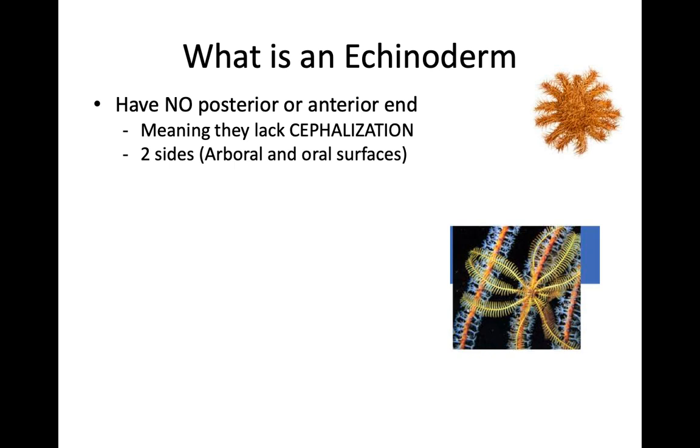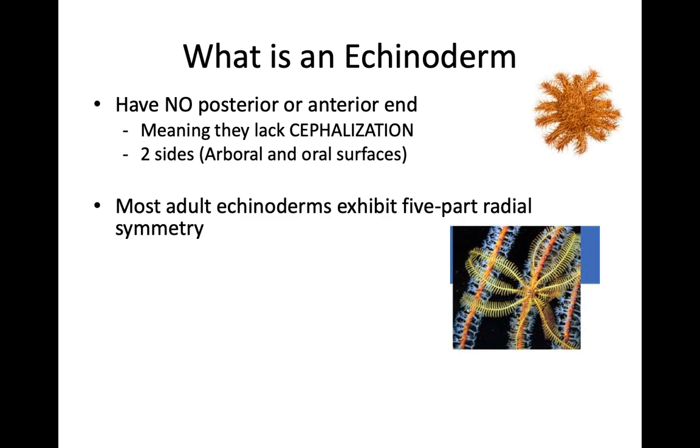Okay, another characteristic of echinoderms is that adult echinoderms exhibit radial symmetry. And remember, radial symmetry just means that you can draw an imaginary line dividing the echinoderm into two equal halves, and both sides would be identical to one another, and you can draw that line any number of ways, and it'll always make two equal halves.